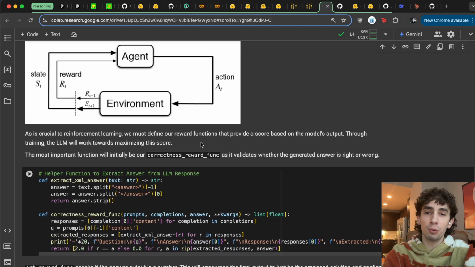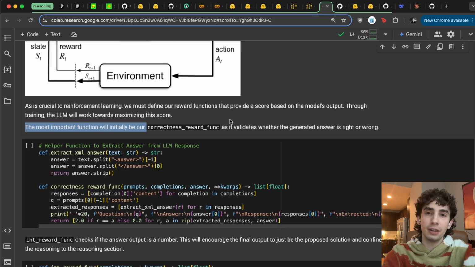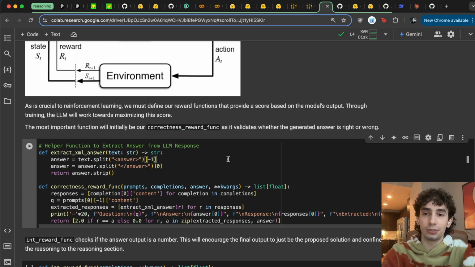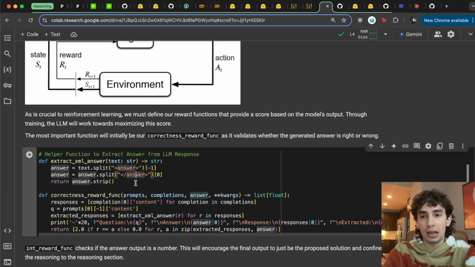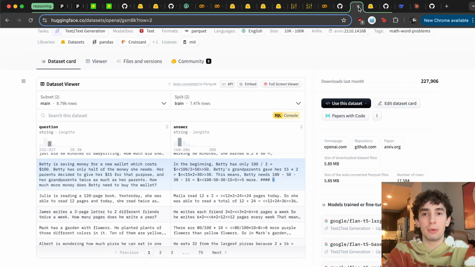The most important reward function that we're going to look at and define is actually just a correctness reward function, which is essentially just going to take the question, extract out the answer, and then determine whether or not the answer is exactly the same as the answer that we expect to see from our dataset.